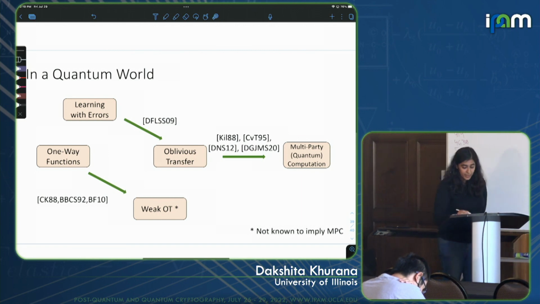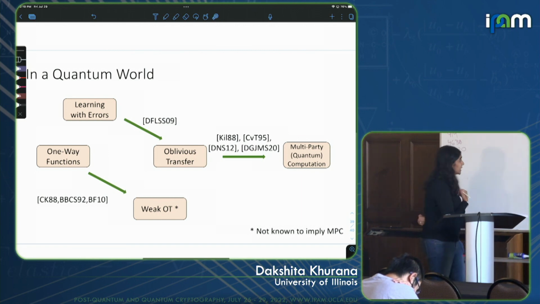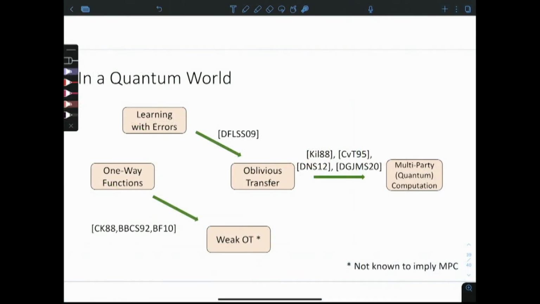This started with a template introduced by Crepeau and Killian. It was built on by Bennett, Brassard, and others, and also Bowman and Fair. And there have been many other works in this line that have analyzed constructions of oblivious transfer that only start at one-way functions. However, the reason I say weak OT there is because they don't admit polynomial time simulators.